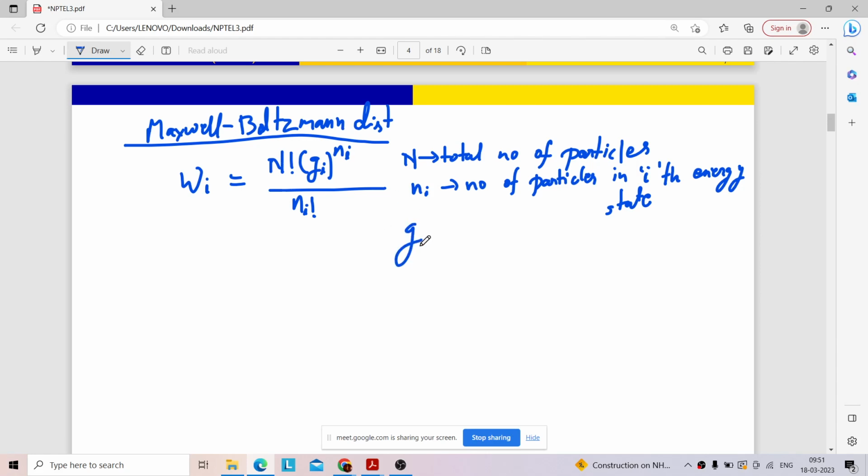And Gi is the number of substates, or degeneracy, whatever you can call it, in the ith state.